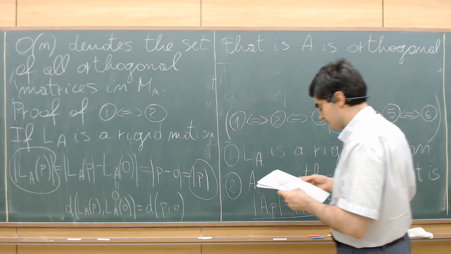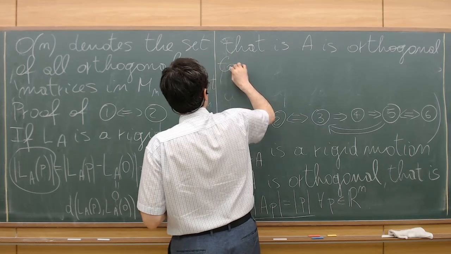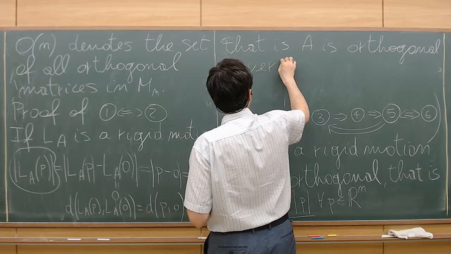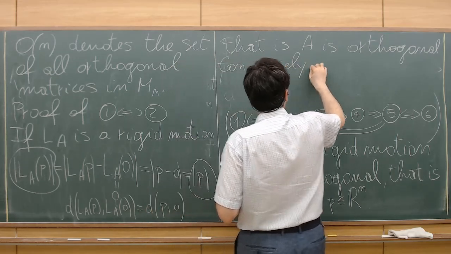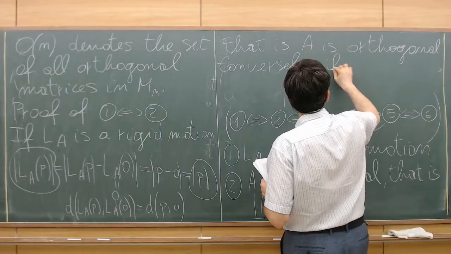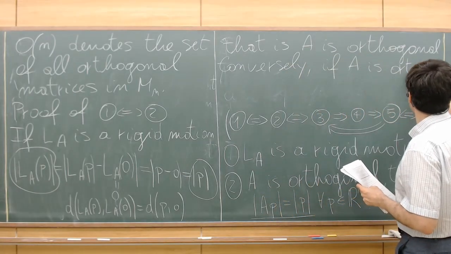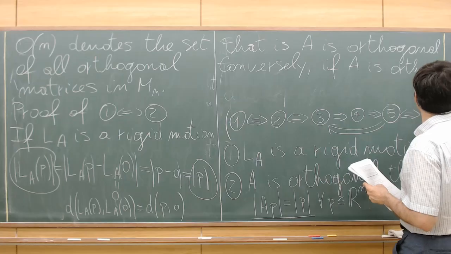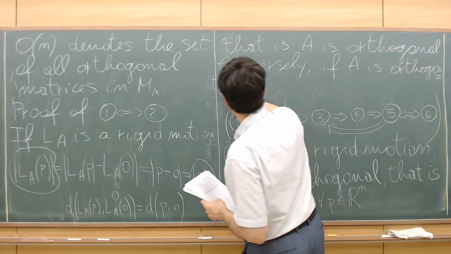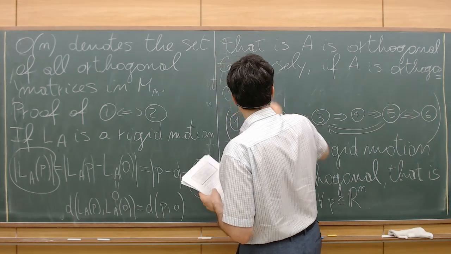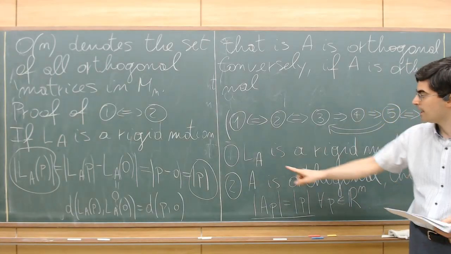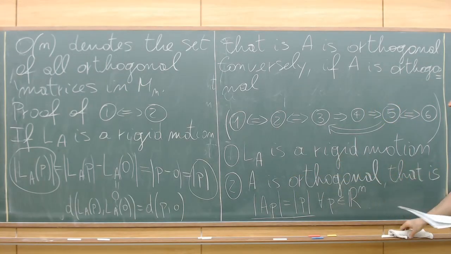Now, conversely, if A is orthogonal, I have to prove that LA is a rigid motion.